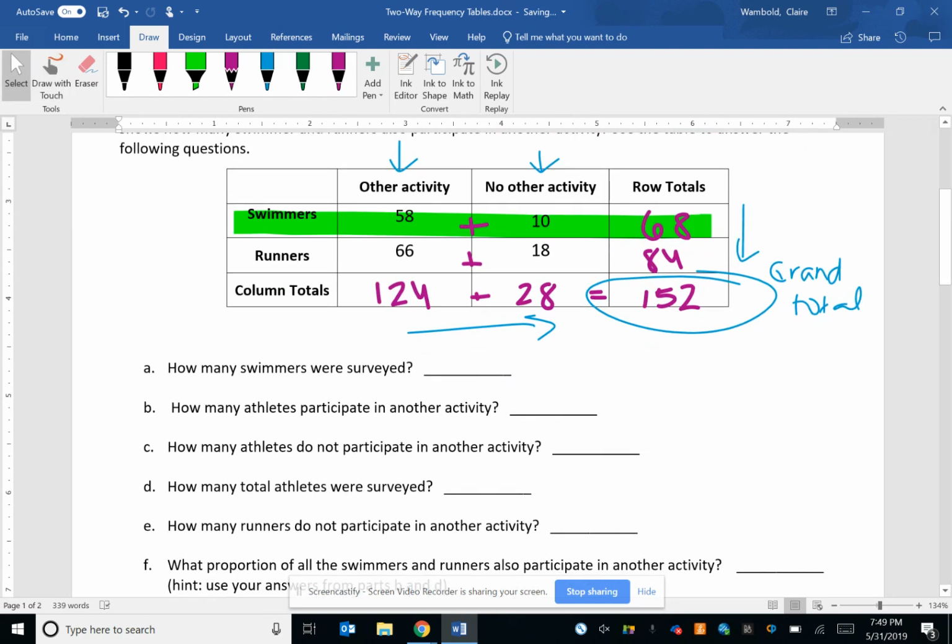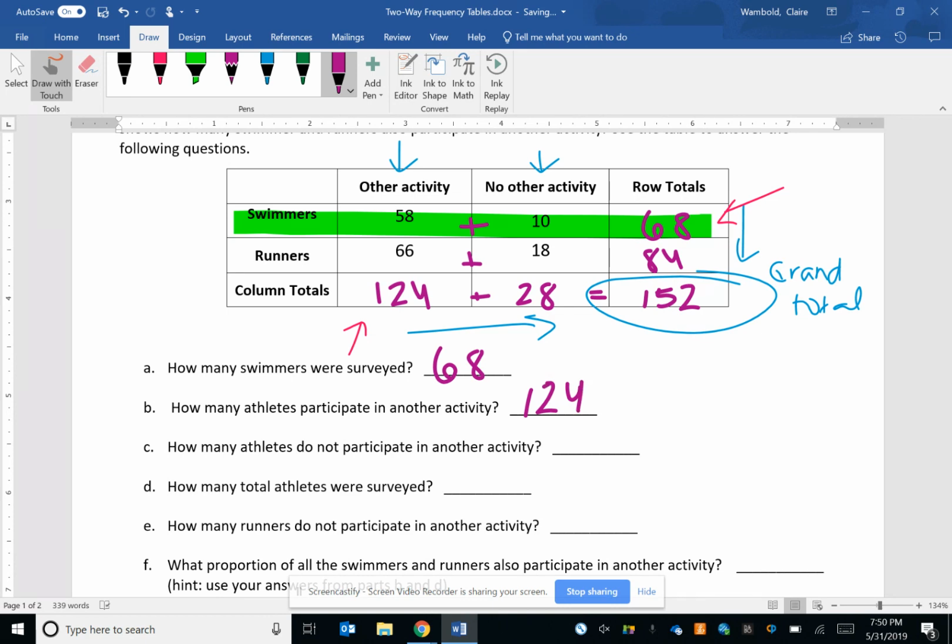Question A, how many swimmers were surveyed? That would be our total number of swimmers, which we just established was 68. So 68 swimmers total. How many athletes participate in another activity? Luckily, we've got that total right here, 124 athletes.